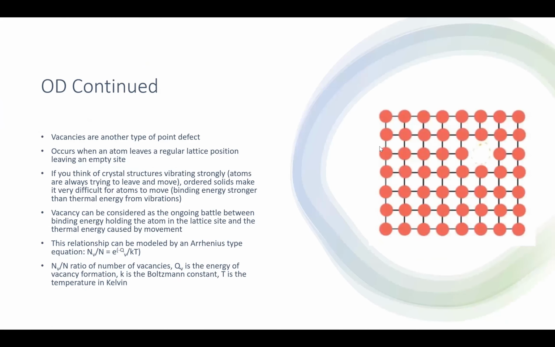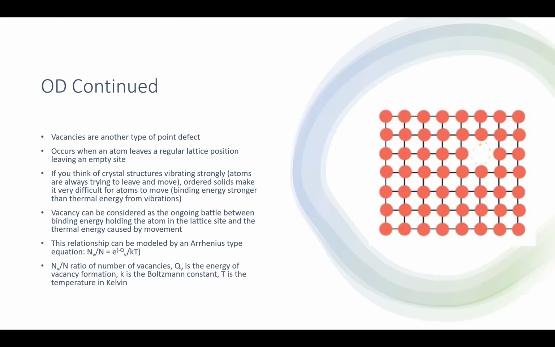So 0D continued. Vacancies are another type of point defect. It occurs when an atom leaves a regular lattice position, leaving an empty site, as seen in this figure. You think of crystal structures vibrating strongly. Atoms are always trying to leave and move. Ordered solids make it very difficult for atoms to move, since the binding energy is stronger than the thermal energy from vibrations.